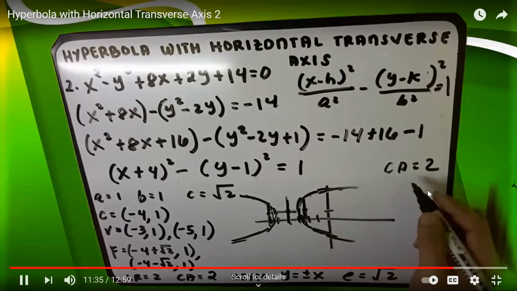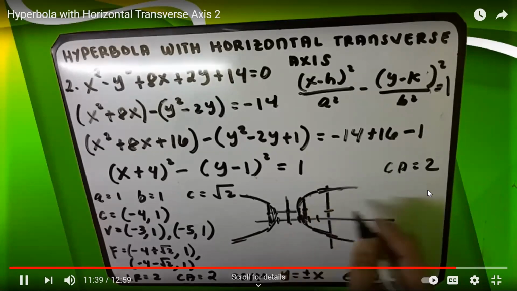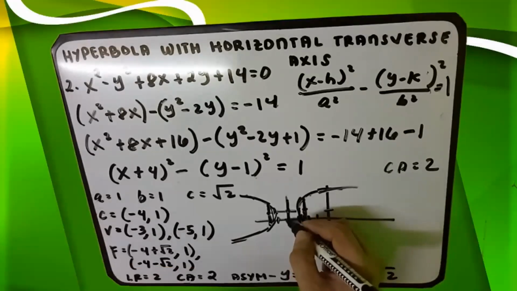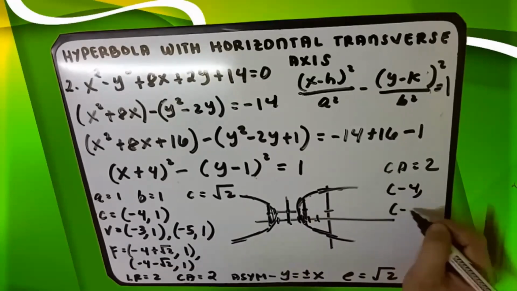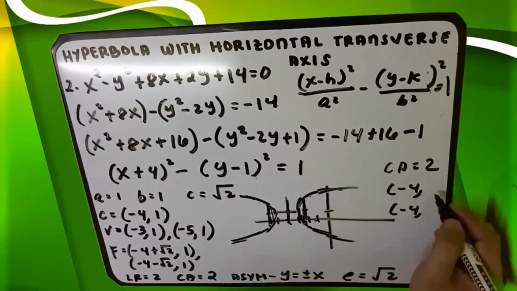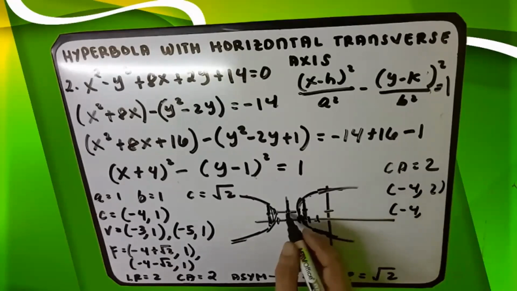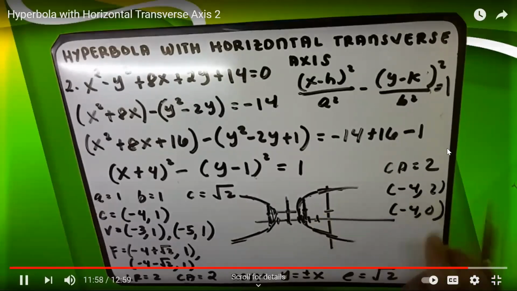So para malaman natin yung endpoint niya, kung ang center ay -4, 1, automatic, that is -4 din, yung isa ay -4. Ang y-axis niya ay, kung ito ay 1, 2. Yung isa naman ay, kung ito ay 1, sa baba ay 0. So ito ngayon yung endpoints ng conjugate axis.